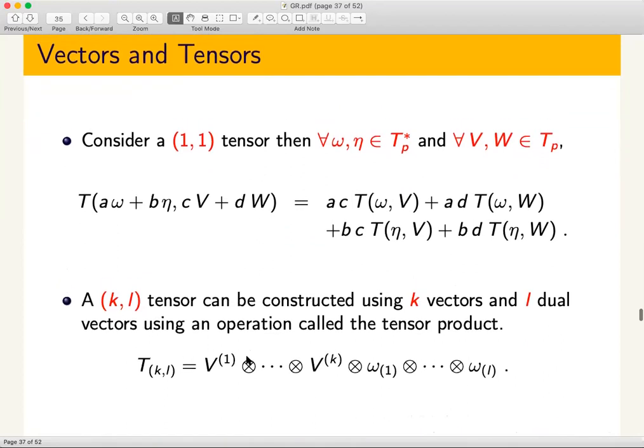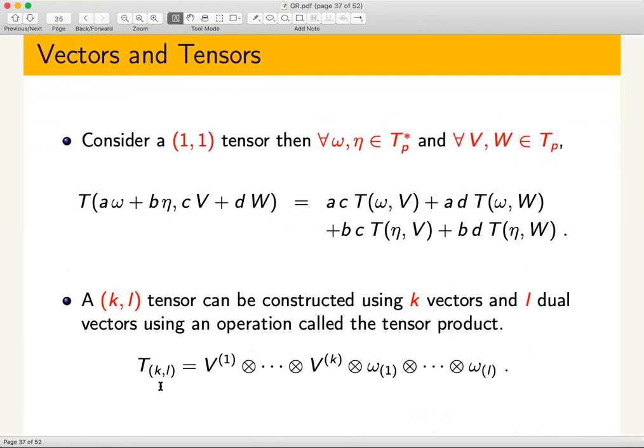So there is one simple way of constructing a (k,l) tensor, and that is by using k vectors and l dual vectors. The way to construct T^k_l is to use a notion called a tensor product.